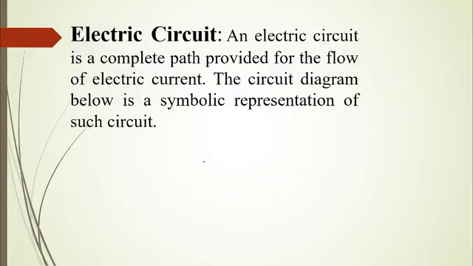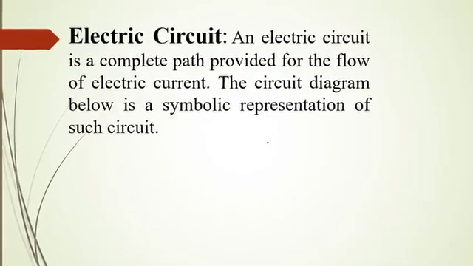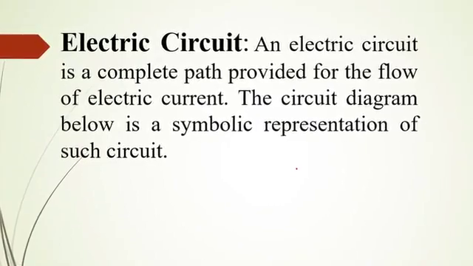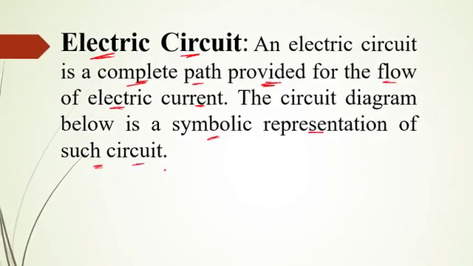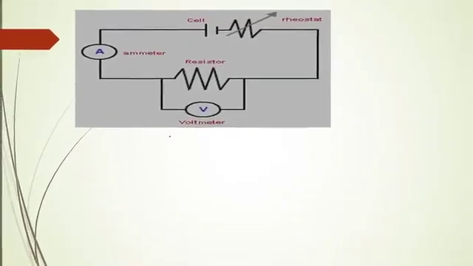Now let's look at what we mean when we talk about an electric circuit. Put simply, an electric circuit is a complete path that has been provided for the flow of electric current. I'm going to show you the circuit diagram, a symbolic representation of such a circuit, and we're going to analyze some of the components therein.